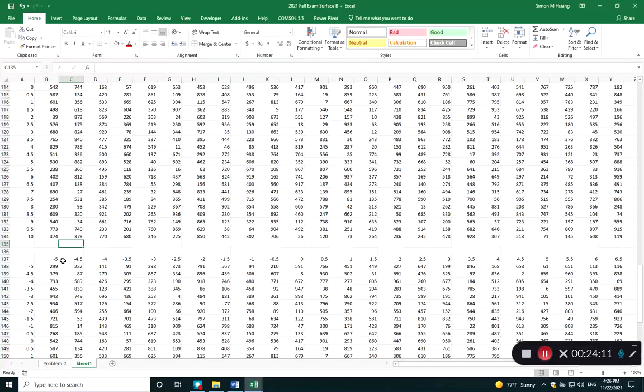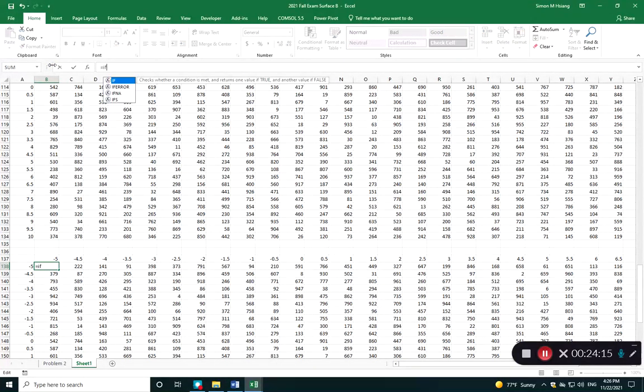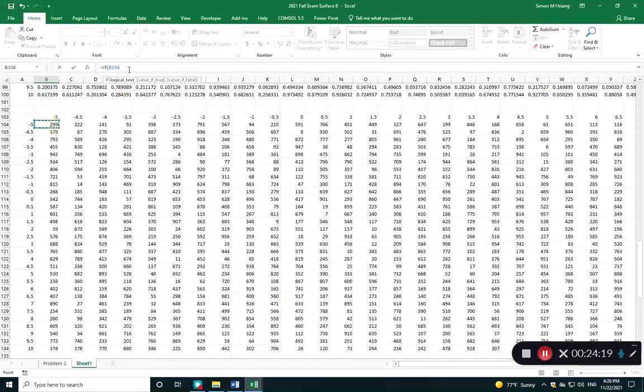Okay, I can use that. If this value, can you see it? Yeah? If this value is less than 30, then I will say 1. Otherwise, I'll say 0.